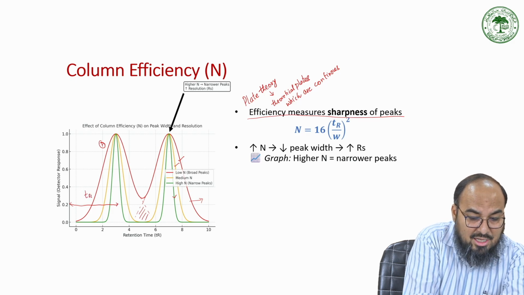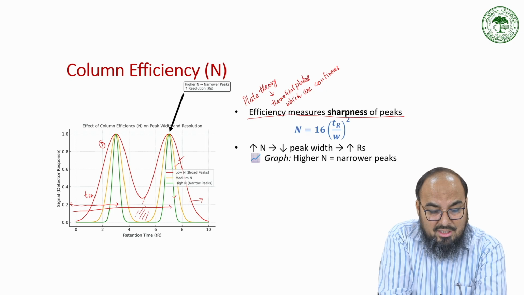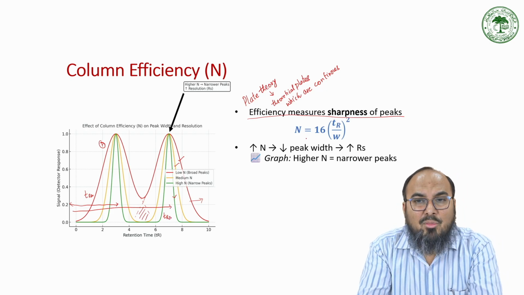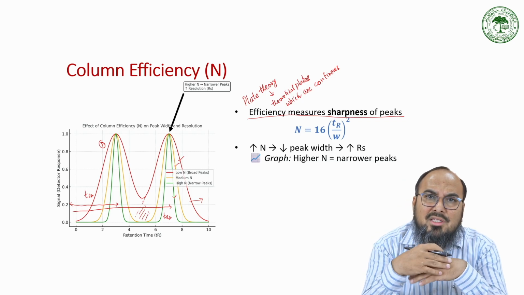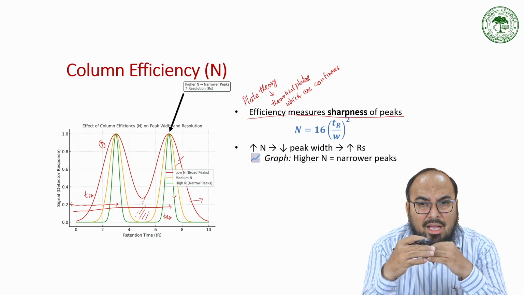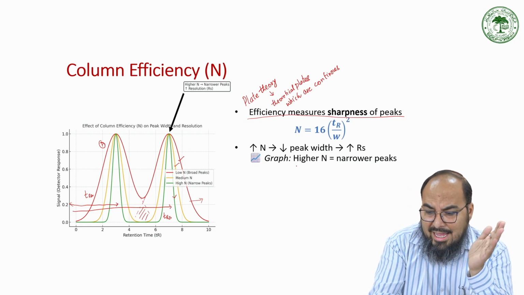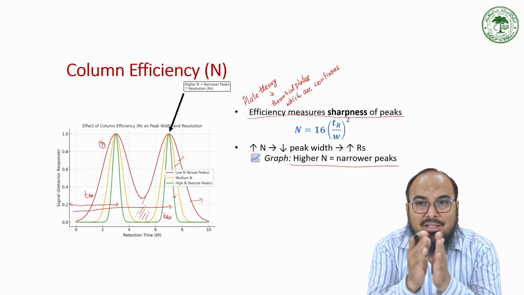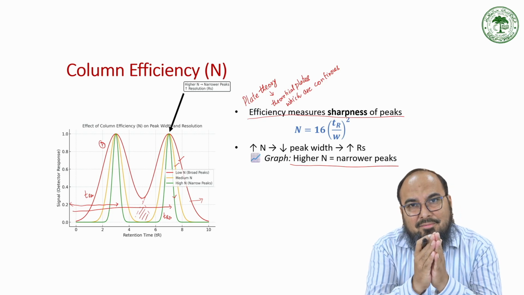Similarly, here to here, it is TR of B. So you can calculate the number of theoretical plates for each column, and the moment you increase the length of the column, the width actually decreases. That is, the higher the number n, the narrower the peaks will be, that is, the sharper the peak, that is, more resolution.